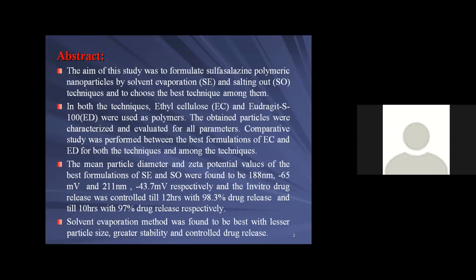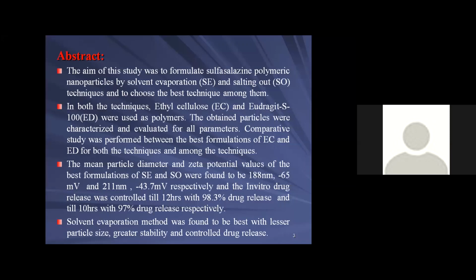The abstract: in this work we have prepared sulfasalazine polymeric nanoparticles by solvent evaporation as well as salting out techniques. In the solvent evaporation technique, we have taken ethyl cellulose and Eudragit as polymers. All 5 formulations have been prepared by altering the drug to polymer ratio.